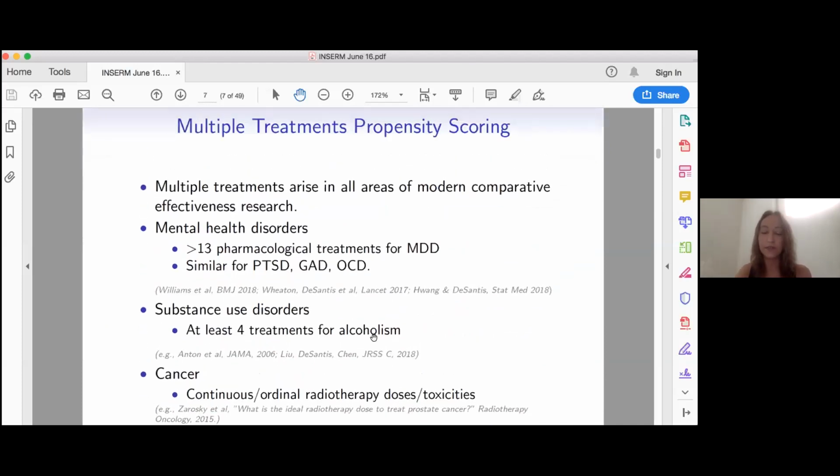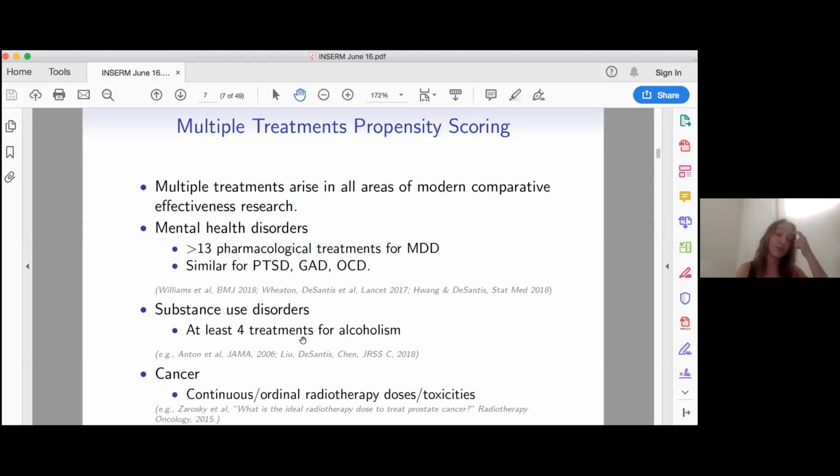Multiple treatments propensity scoring is now where we are after having mined that database. Multiple treatments arise in all areas of modern comparative effectiveness research, not just in the study we designed. Mental health disorders: there are more than 13 pharmacological treatments for major depressive disorder, a similar number for PTSD, generalized anxiety disorder, obsessive compulsive disorder, substance use disorders.